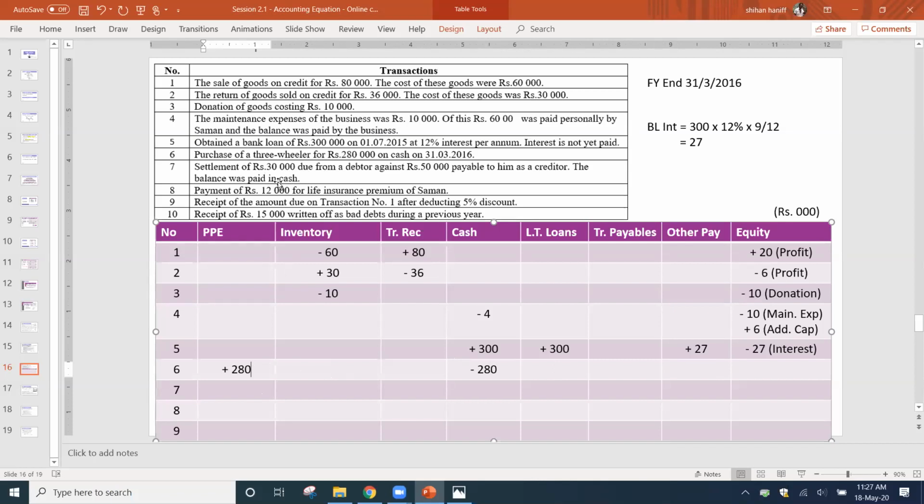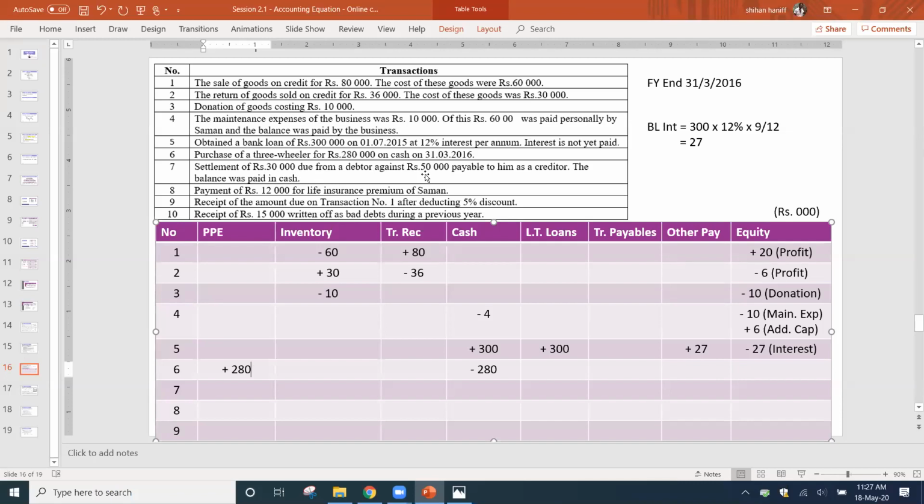If you didn't understand anything and if you need further explanation of any of the transactions, please tell me. Okay. 7th transaction. Settlement of 30,000 due from a debtor against 50,000 payable to him as a creditor. Balance was paid in cash.